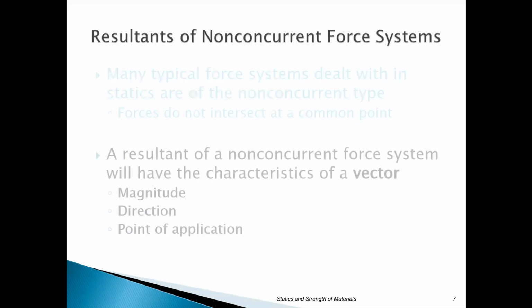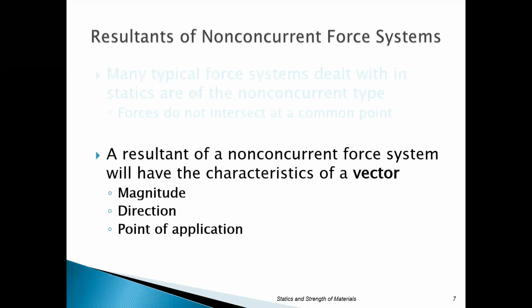So there's steps that you have to deal with. And here's the thing, normally when we solve a resultant, we just need to know its magnitude and its direction. But when we do a non-concurrent, we're going to need to know not only the magnitude and the direction, but we're going to have to be able to solve the point or the line of application. And this right here turns out to be the hard part.